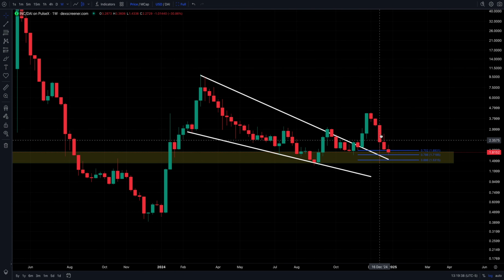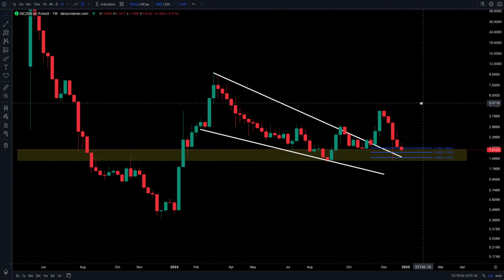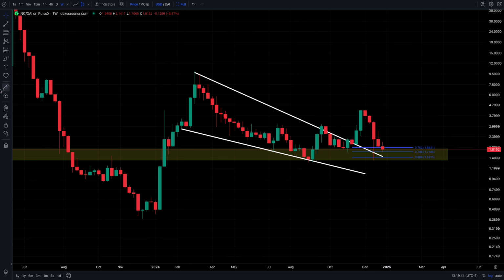Possible bullish hammer over here. Bullish hammer candle on the weekly. And then we have our test. What I would want to see here going forward is a push back above this high so we can confirm bullish order flow.